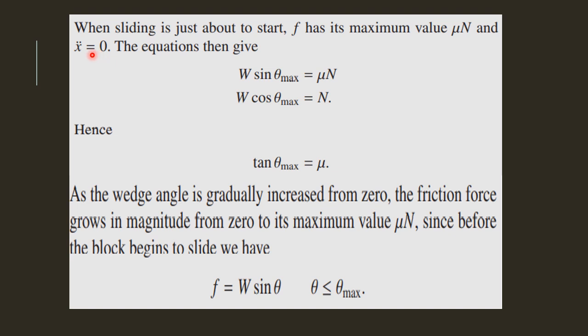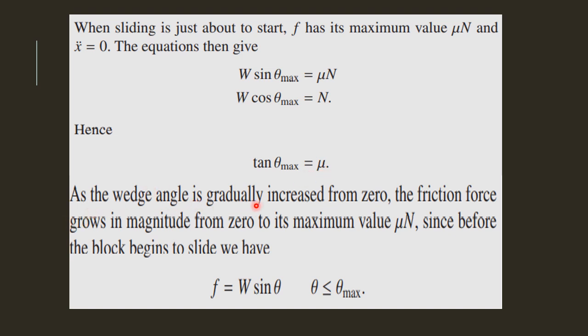Therefore, substituting x double dot equal to 0, the equations will be w sin theta max is equal to mu N, and the second equation will be w cos theta max is equal to N. Hence, on dividing these two equations, you get a relation between angle theta and the friction. Tan theta max is equal to mu, where mu is the coefficient of friction.